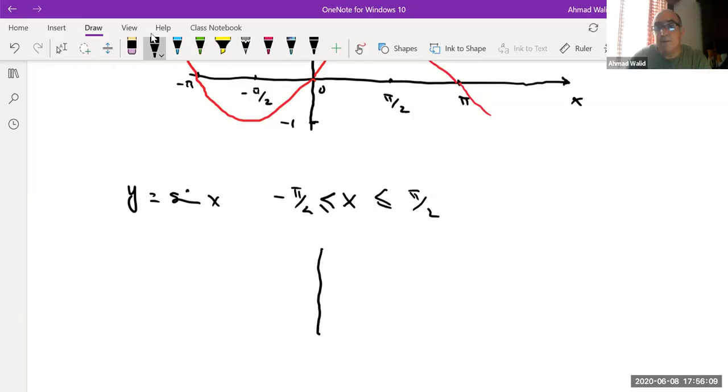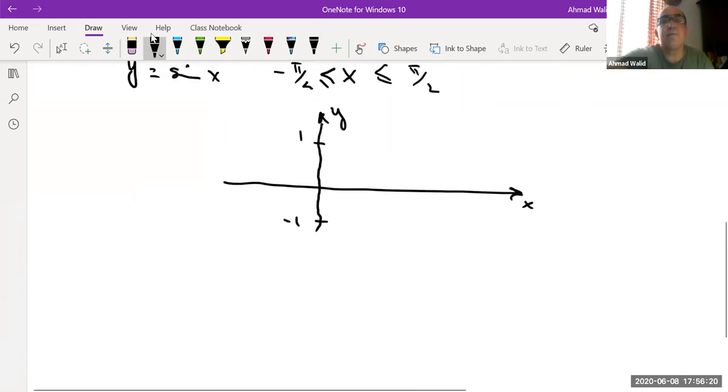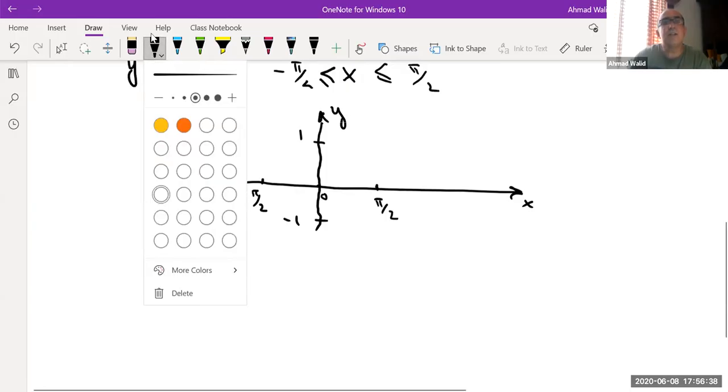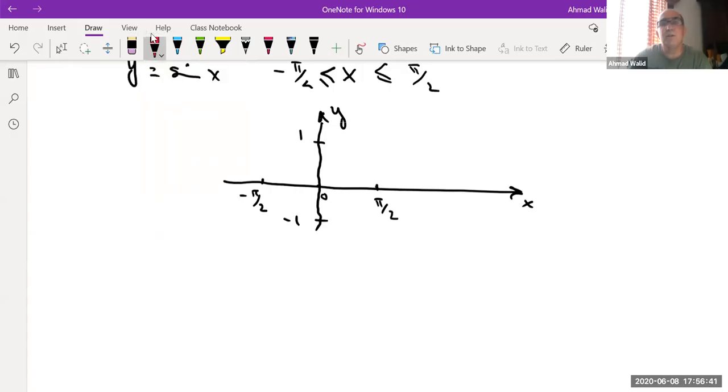Let me graph it for you on the xy-plane, with 1 and negative 1 on the y-axis, and 0, pi over 2, and negative pi over 2 on the x-axis. Now I graph the sine function only from negative pi over 2 to pi over 2. Because it is less than or equal to pi over 2, I will use a closed circle here.